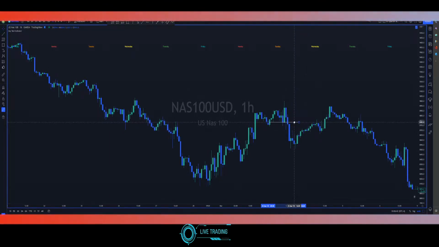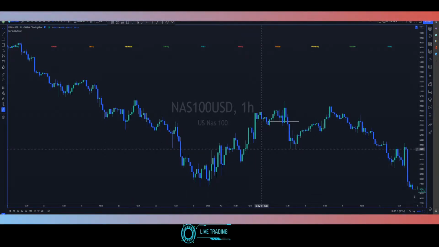So, Tuesday midnight candle open. This actually respects it pretty well. If you count 1, 2, 3, 4, 5, 6, 7 candles respecting this level here, and then what I call a Judas swing, where it fakes like it's going to go, takes out these lows here, grabbing sell orders, and drops down.